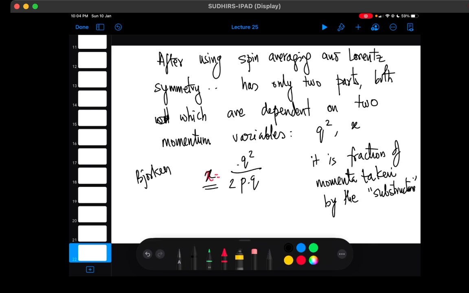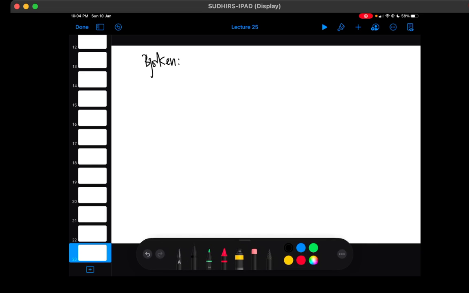We need substructure because Bjorken predicted that these two functions, which are called f1 and f2, which are functions of q square and x, show something called scaling, which says that at large q square, f1 of q square and x is essentially a function of x, independent of q square.